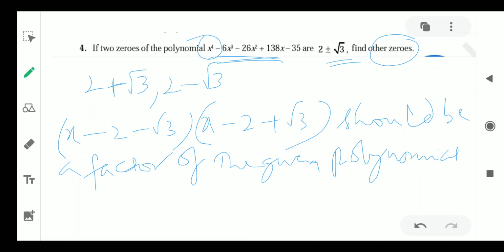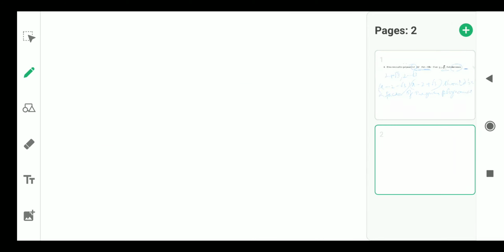So now we will simplify this. x minus 2 plus root 3 into x minus 2 minus root 3 is equal to how much?